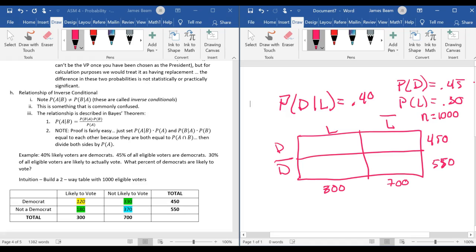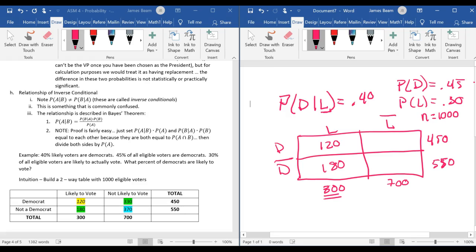Once we have a likely voter, so out of these 300 likely voters, the probability that we're going to get a Democrat, the D's, is going to be 40% of that 300, which is 120 of them. Now you can fill in the rest of the table, because if this is 120 and that's got to add up to 300, that's got to be 180.